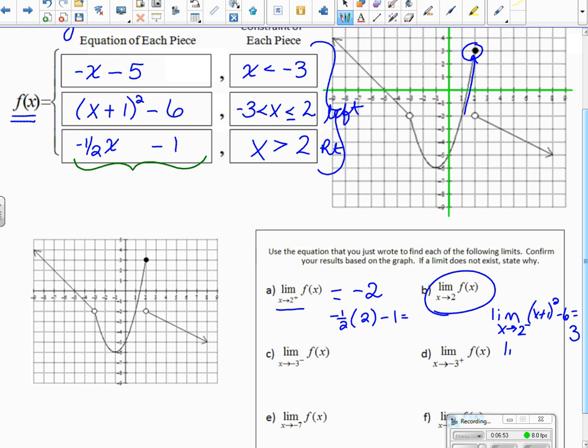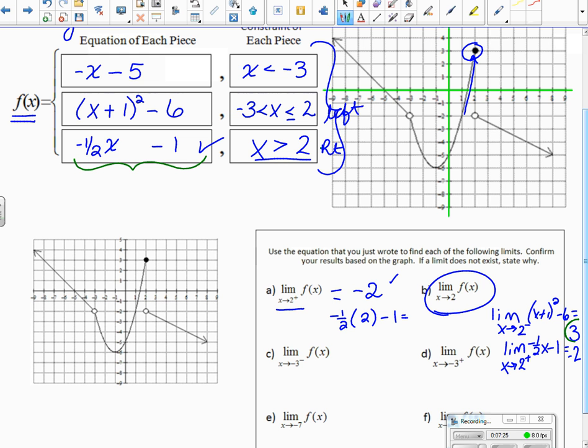If I look at the limit from the right side, I'm into this field where x is greater than 2, so I want to follow the rule negative 1/2 x minus 1. If I substitute 2 into that, I'm going to have negative 1 minus 1, so negative 2, which agrees with our first work from the right. So what I need to analyze is from the left and the right, do those numbers agree?